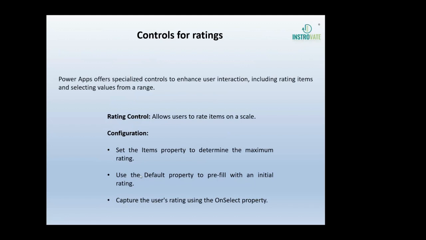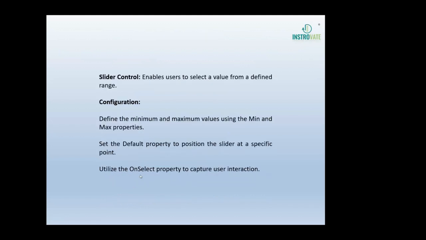It allows users to rate items on a scale. For that you need to do the configuration: set the items property to determine the maximum rating, use the default property to pre-fill with an initial rating, and capture the user's rating using the OnSelect property.